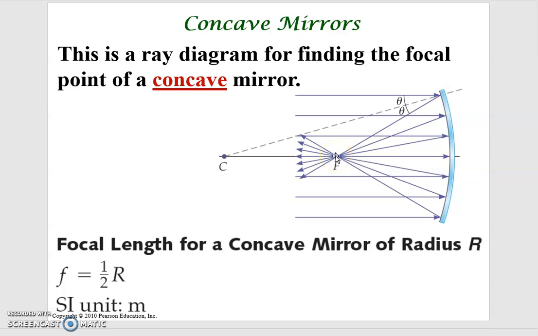And then, from C, which is the center of curvature, to any point along the curved surface, the distance is r, the radius, which also describes the curvature of the surface. And the relation between the distance r and the distance from the focal point to the mirror, which is the focal length, is this: the focal length is 1/2 of the radius.